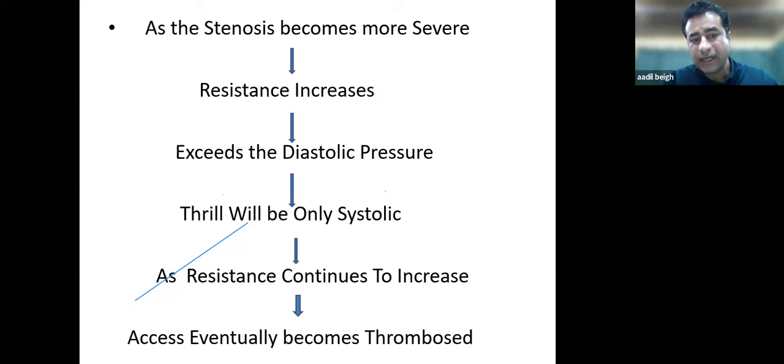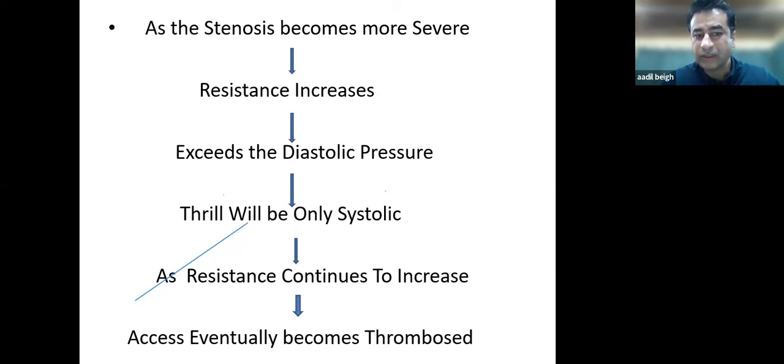When it exceeds the diastolic pressure, for example, the patient has a BP of 140 by 80, when the resistance of this narrowing in the fistula vein exceeds 80 mmHg, that means there will be no flow in the diastole through this segment. Okay. And what happens?